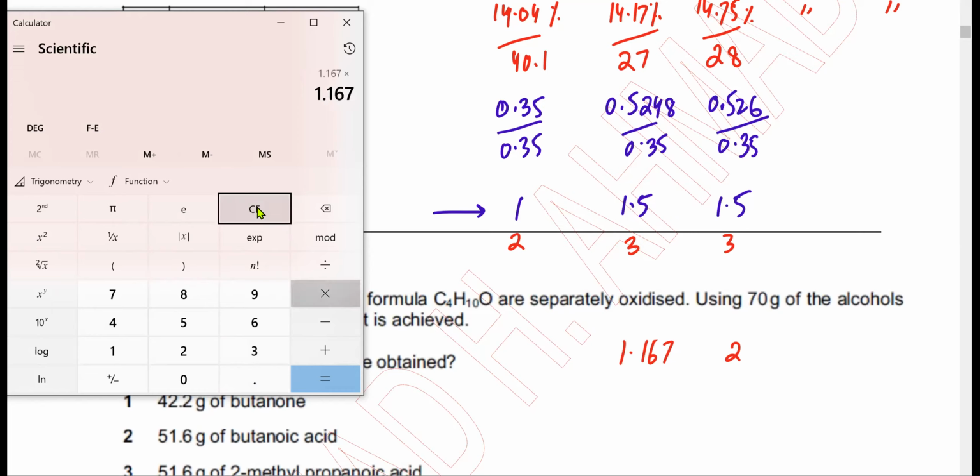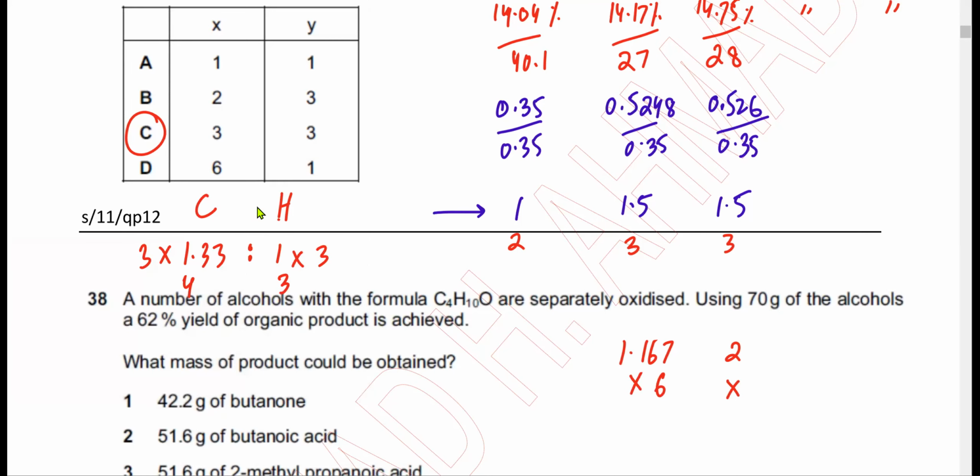If I multiply 1.167 by 6, I get something that's almost 7. So that means I'm going to multiply both values by 6. This would come out to be 7.00 something, and this would become 12, since 6 into 2 is 12. So it was actually 7 ratio 12, which was coming out to be 1.167 ratio 2. So beware of this.